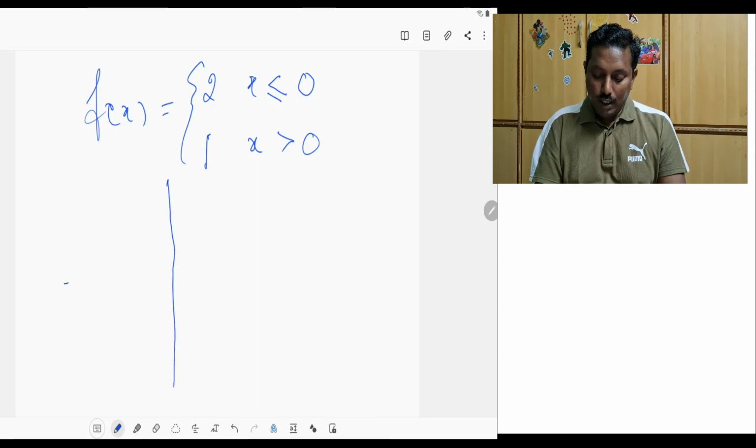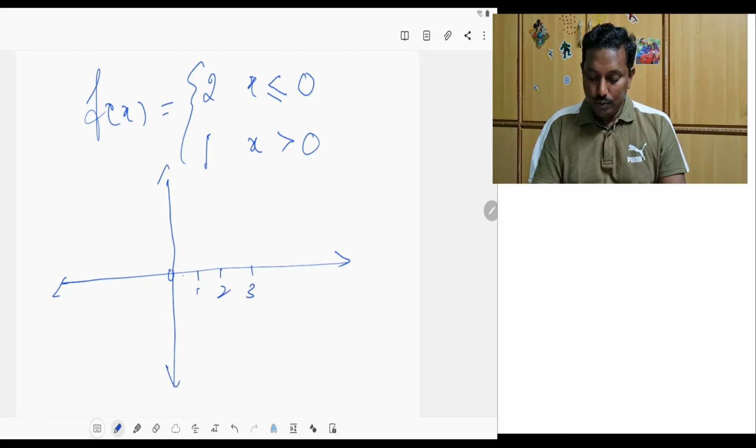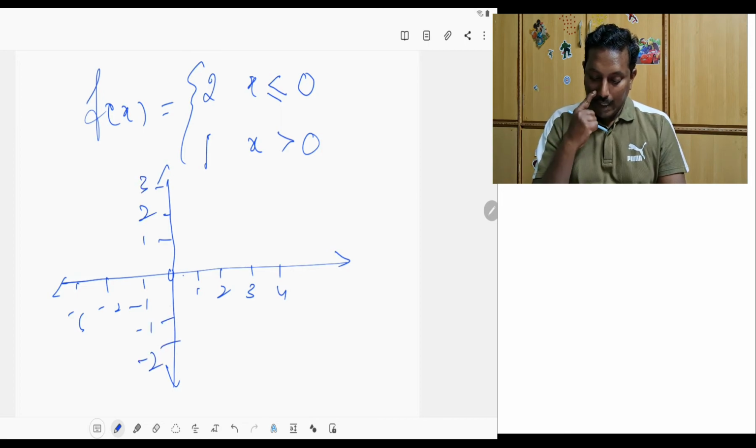Suppose we are plotting it on the graph. So this is the x-axis and this is the y-axis. 0, 1, 2, 3, 4, minus 1, minus 2, minus 3. For every value of x less than or equal to 0, the value of f of x is 2.